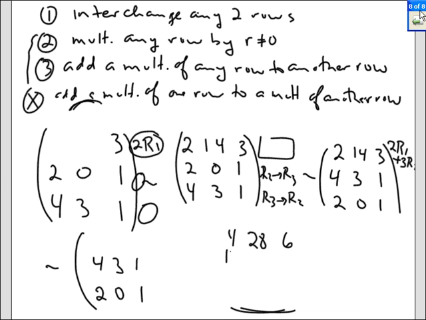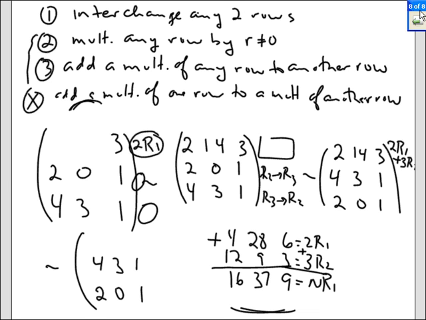I'm taking 3 times row 2, which are those numbers, and I'm adding them up. This is 2 times row 1. This is 3 times row 2, and I'm adding them. 16, 37, 9. That's the new row 1. I know it because I put it by row 1. I could have put it by row 2, but I didn't.